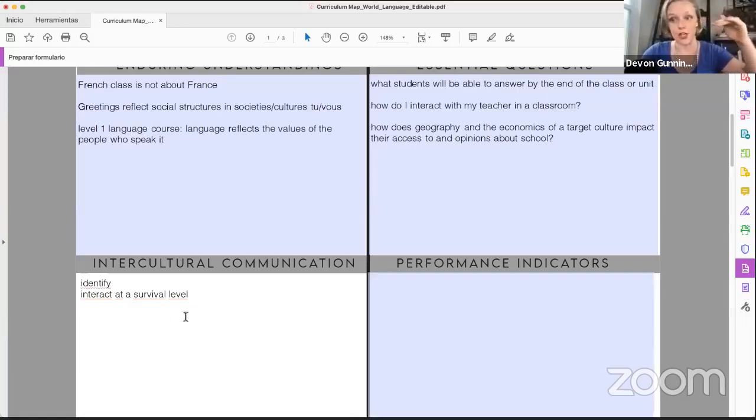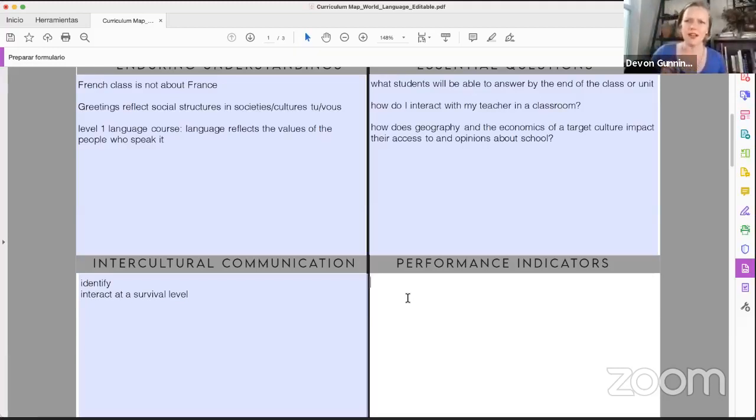So that's why these are here, because we want to make sure that we are bumping it up for performance indicators and that we're actually providing them tasks and opportunities in learning to get where they need to be instead of keeping them at the novice low and novice mid level, because you'd be surprised how much we accidentally keep them there by the activities that we're providing.